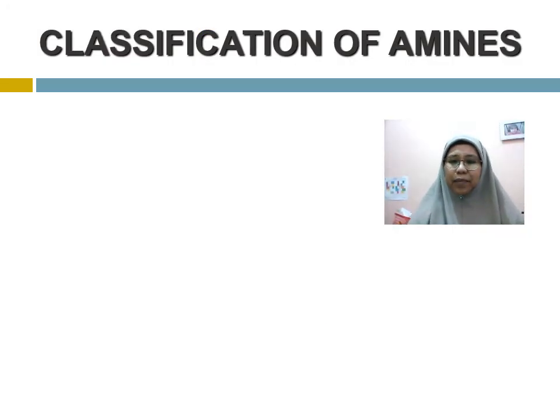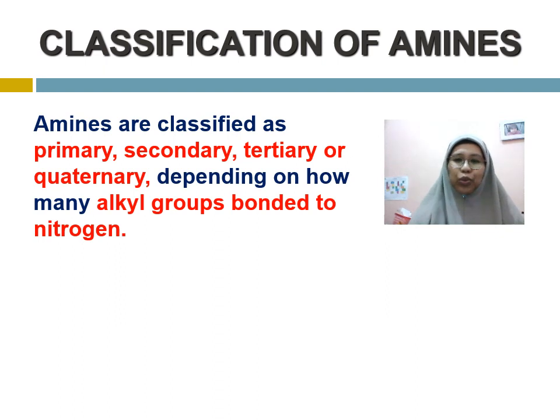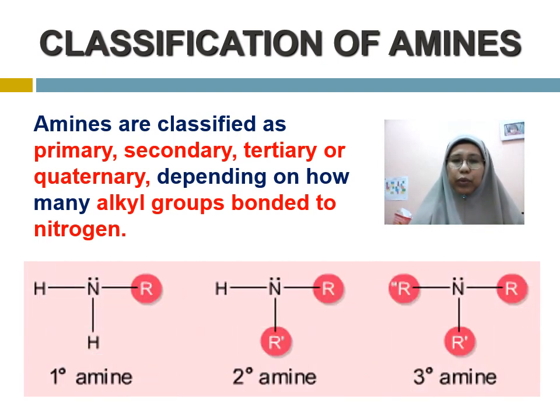Amines are classified into 4 categories: primary, secondary, tertiary, and quaternary. How do we know which one is primary? By having only one R attached to the nitrogen. And the secondary amine would have 2 Rs.